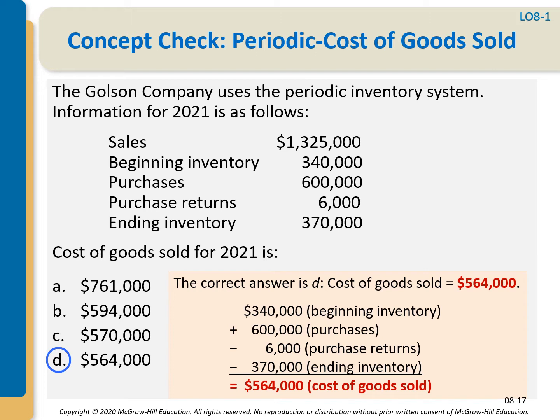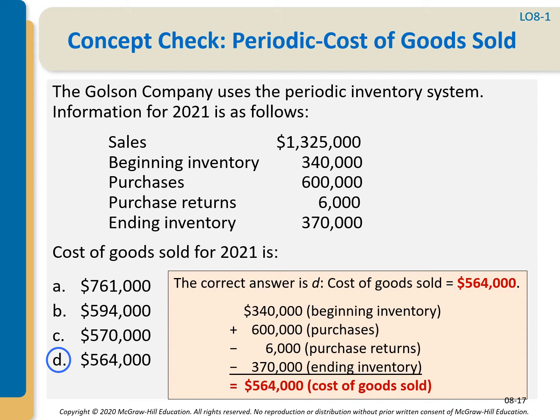At the end of the period, $6,000 worth of items was returned, so it is part of inventory. We subtract returns and we subtract ending inventory, and that tells us the cost of goods sold. Another way of thinking about this is we start the year with $340,000 in inventory. We add $600,000.